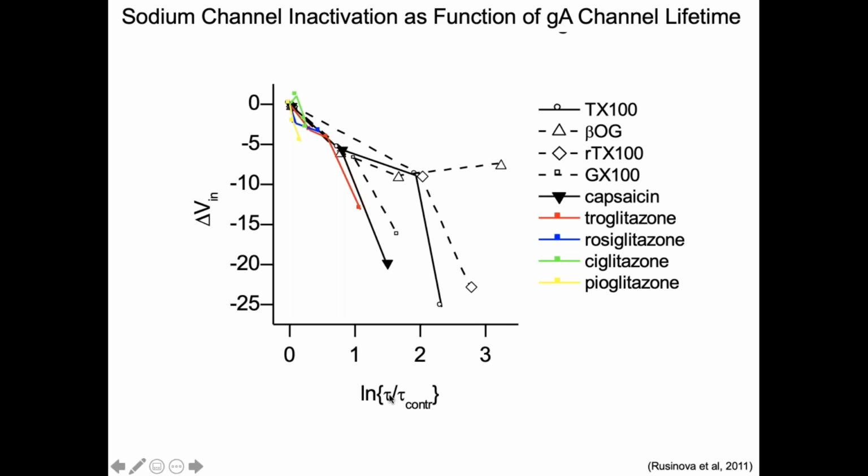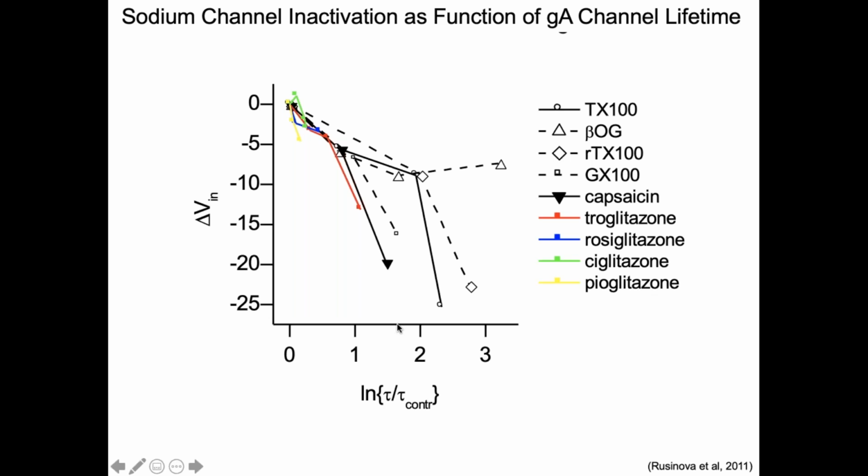But if, instead of using the aqueous concentration as a measure of activity, we use the changes in gramicidin channel lifetime, then the results with all of these different molecules can be superimposed, at least for not too large changes in the gramicidin channel lifetime.